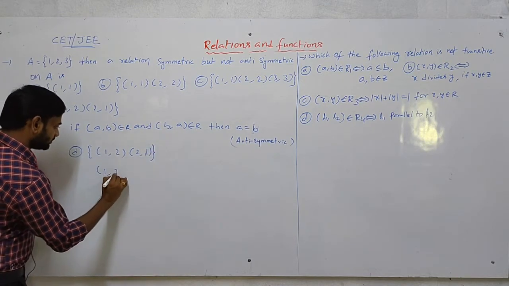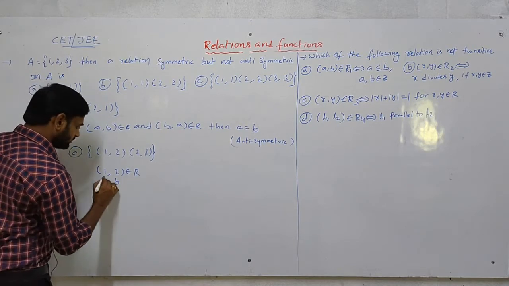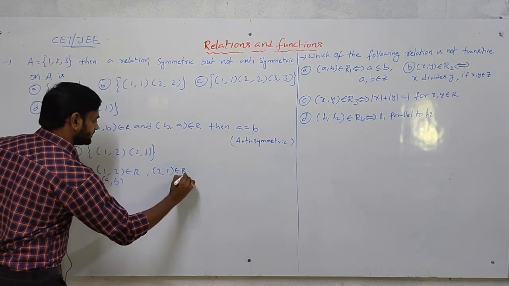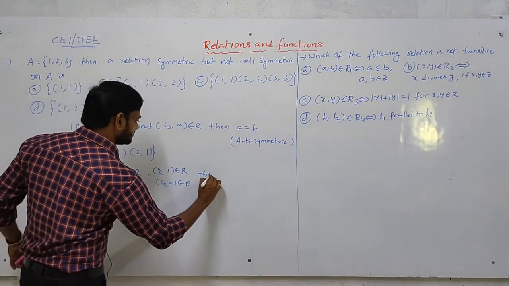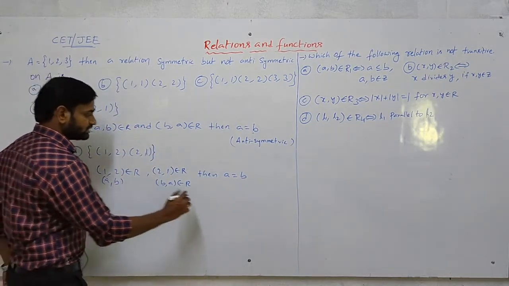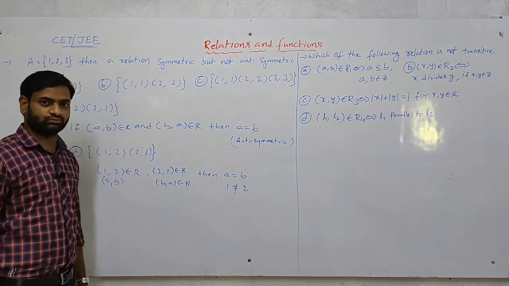That means (1,2) belongs to R, (a,b) belongs to R. (2,1) belongs to R, that means (b,a) also belongs to R. Then if a equal to b, it is antisymmetric. Here is 1 equal to 2? No, 1 is not equal to 2.